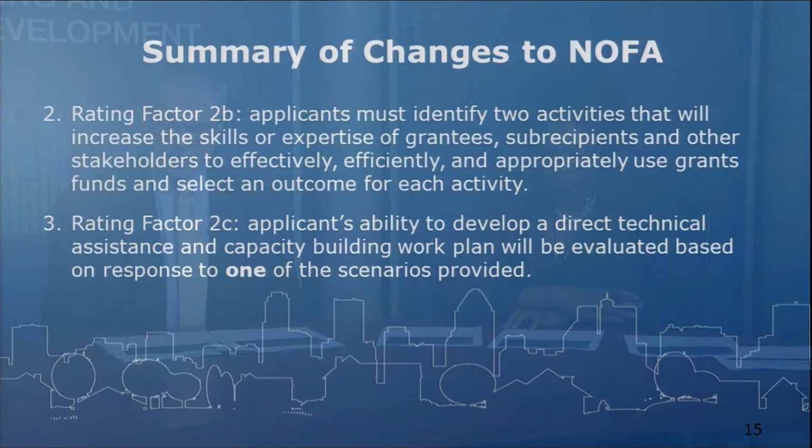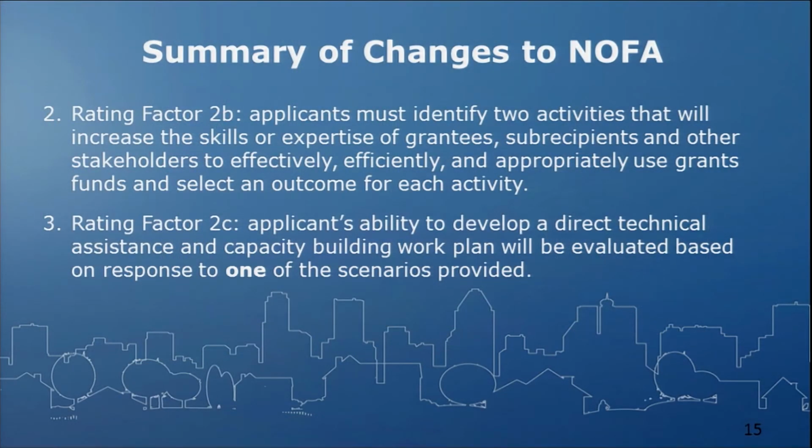Also, HUD is seeking organizations that can demonstrate complete understanding of technical assistance with the capability to provide TA in such a way that it delivers measurable outputs and outcomes.